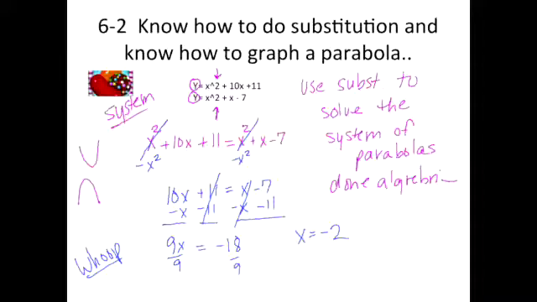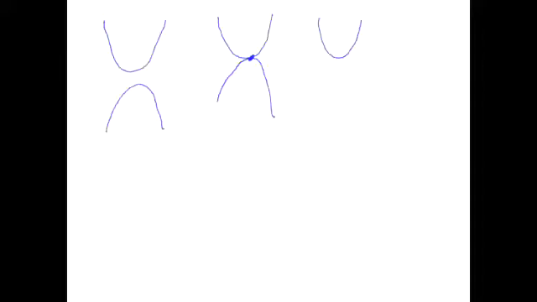Okay? X is equal to -2. All right. Now, these are two parabolas, ladies and gentlemen. That means that these are all of the types of things that could happen. Well, they could not touch at all. They could touch one time. They could touch 2 times.